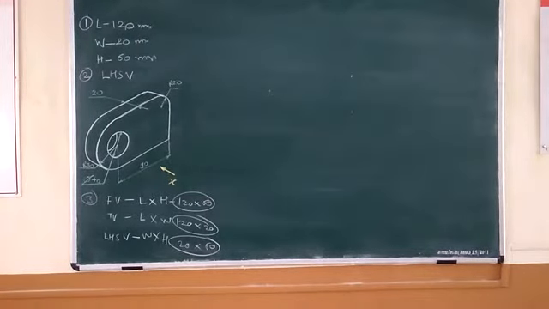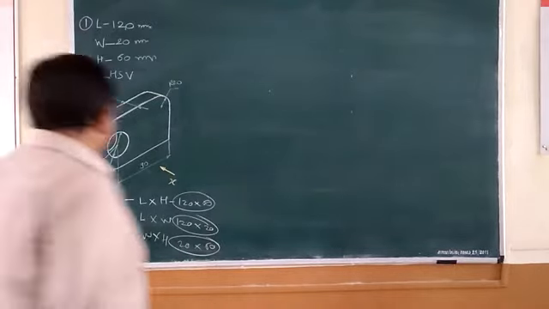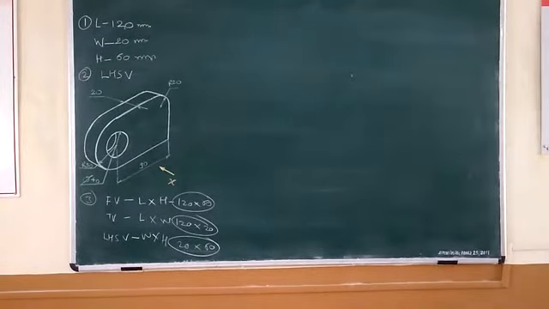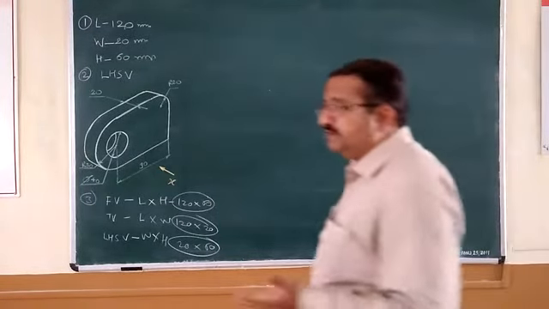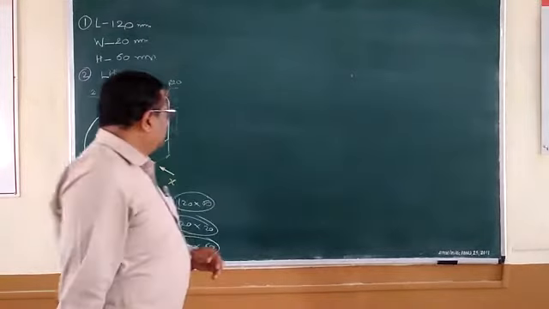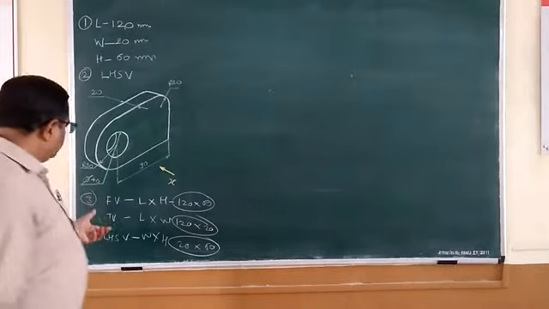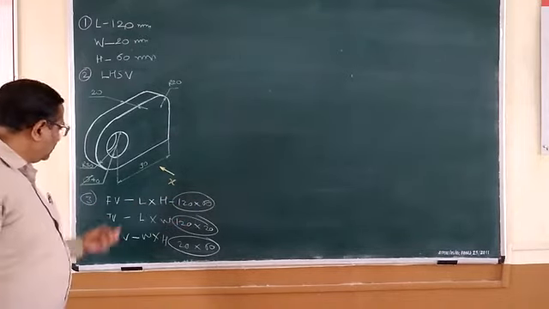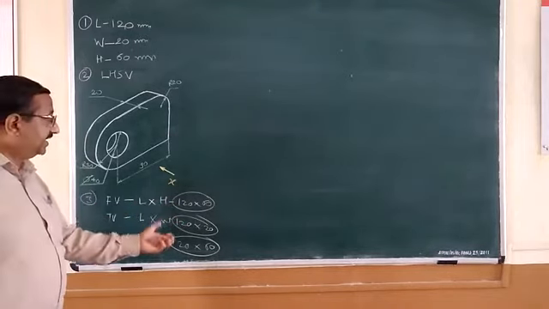So what is next? We should first locate the horizontal reference line and vertical reference line. First of all, concentrate on the areas. Front view area is 120 by 60. Top view is 120 by 20.